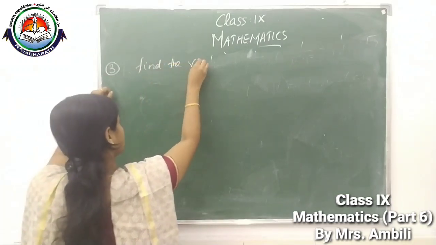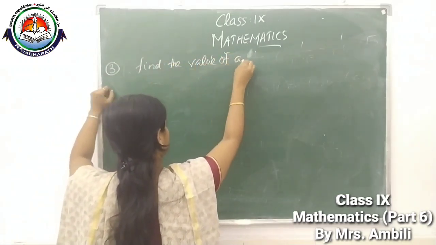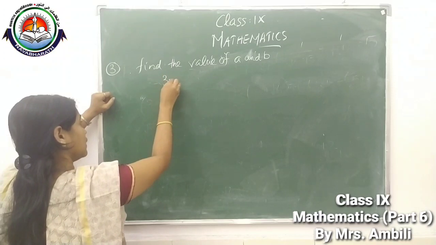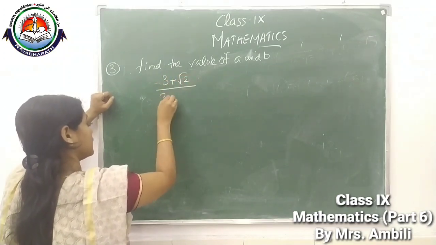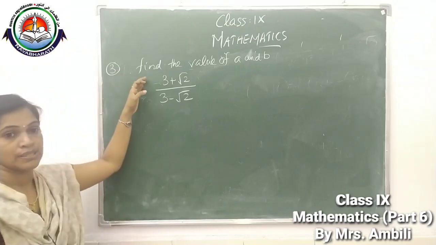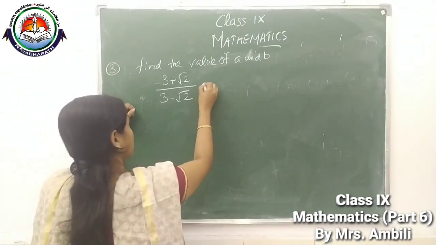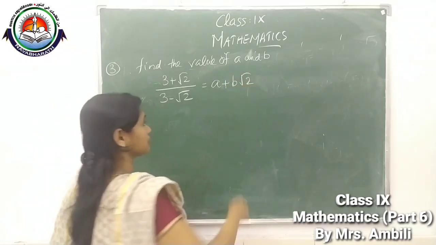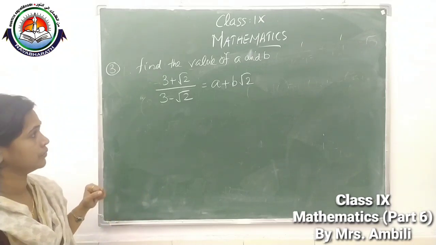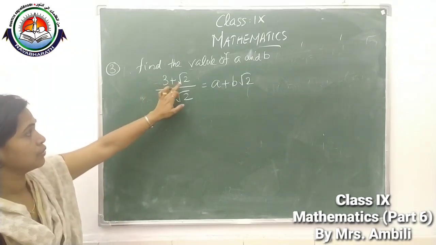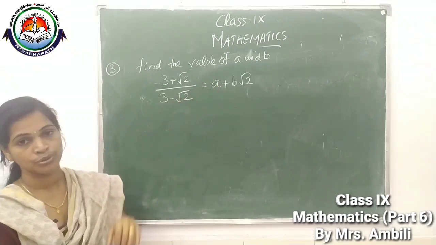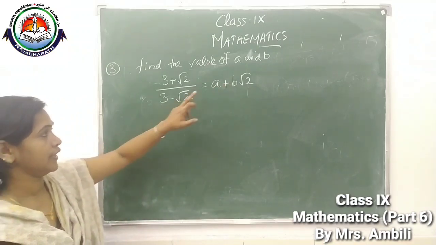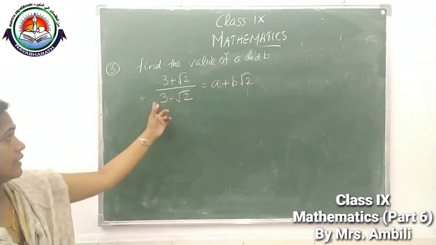The question is (3 + √2)/(3 − √2) = a + b√2. This is our question. So, a and b are rational numbers, and we need to find the value of a and b. The LHS and RHS are given.